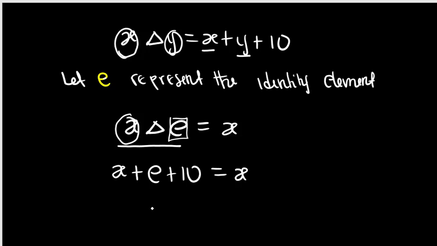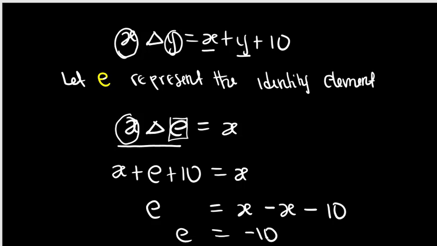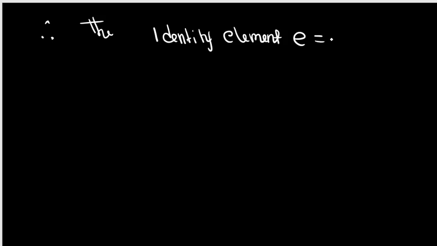E equals x, and when x crosses the equal sign we have negative x, and then minus 10. In that case, E will be equal to negative 10. Therefore, the identity element E is equal to negative 10. So that is the A.